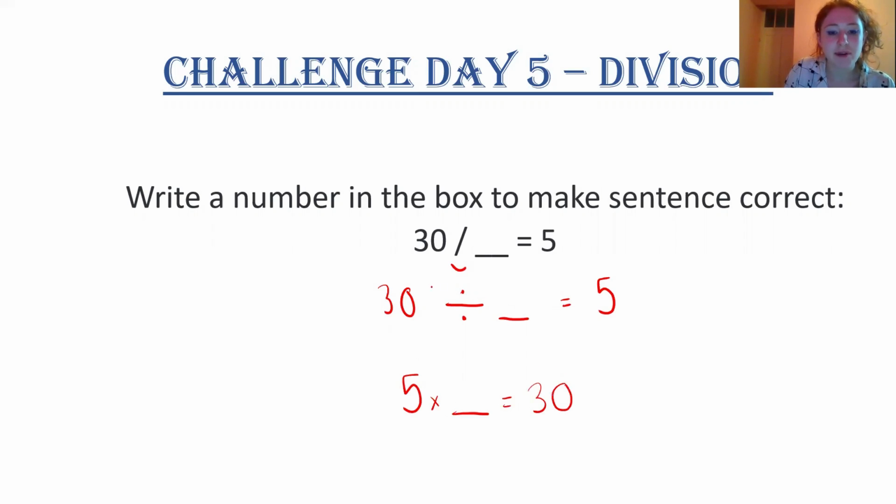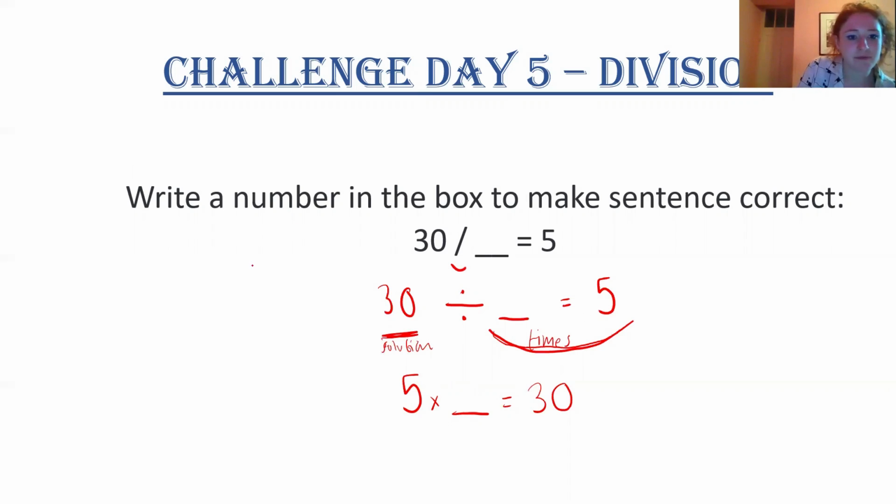Because when you do 30 divided by 5, or anything divided by something else, it means these numbers multiplied together are going to be equal to this number here. So we multiply these together to get this number. That's a really great way to read a division. So for this one, we're going to do 5 times what equals 30.